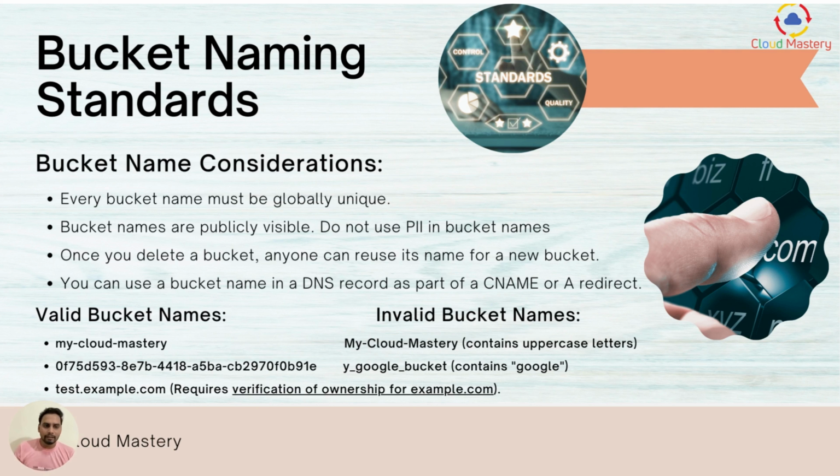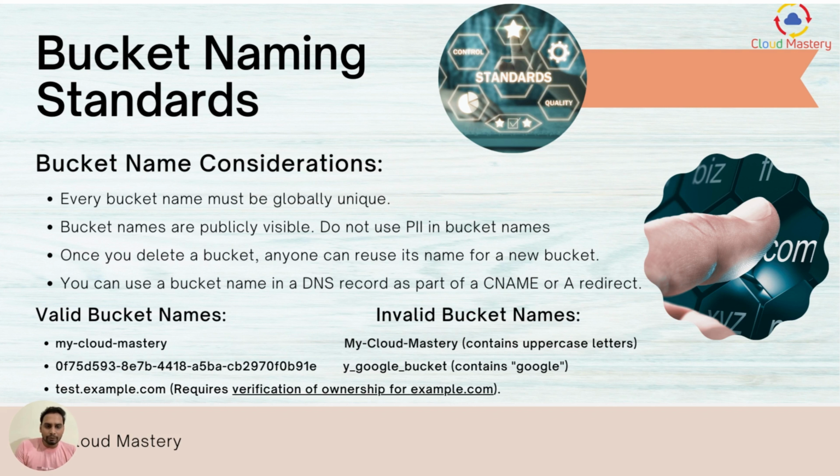So here we have some examples of valid bucket names and invalid bucket names. For instance, my cloud mastery is a valid bucket name because it is all in lower case. On the right-hand side, you have some capital letters in My Cloud Mastery, so that is an invalid bucket name.